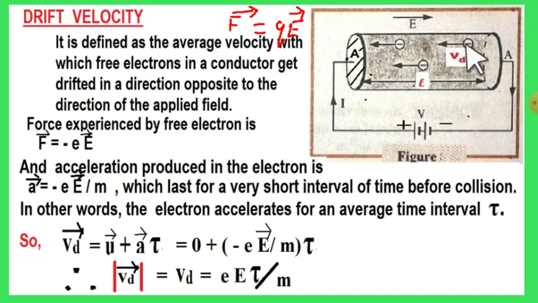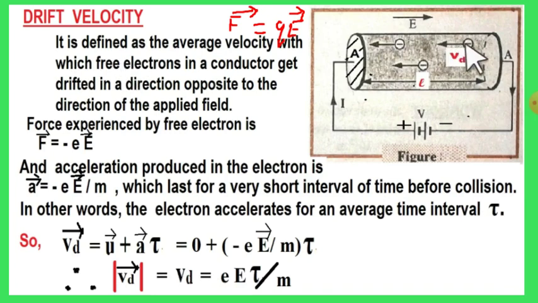That means the electron will move in a relaxed manner between any two collisions. So we call that time the relaxation time, and it is denoted by tau. If you take into consideration all the electrons inside the conductor, then the average relaxation time will be denoted by tau. So what happens if you are going to define this drift velocity?